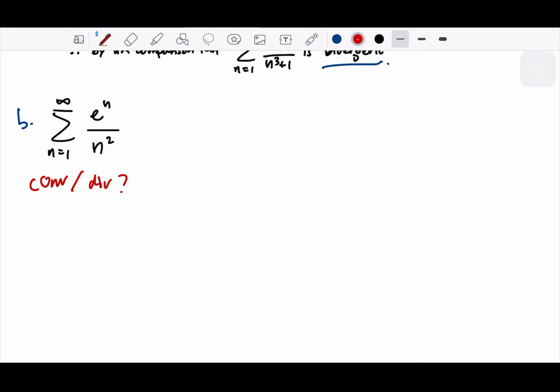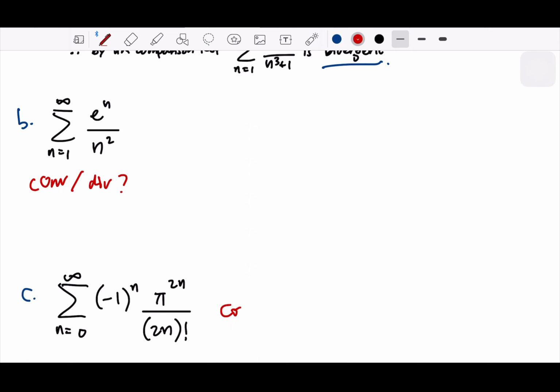Maybe giving you another question. The third one. Same question, convergence or divergence.